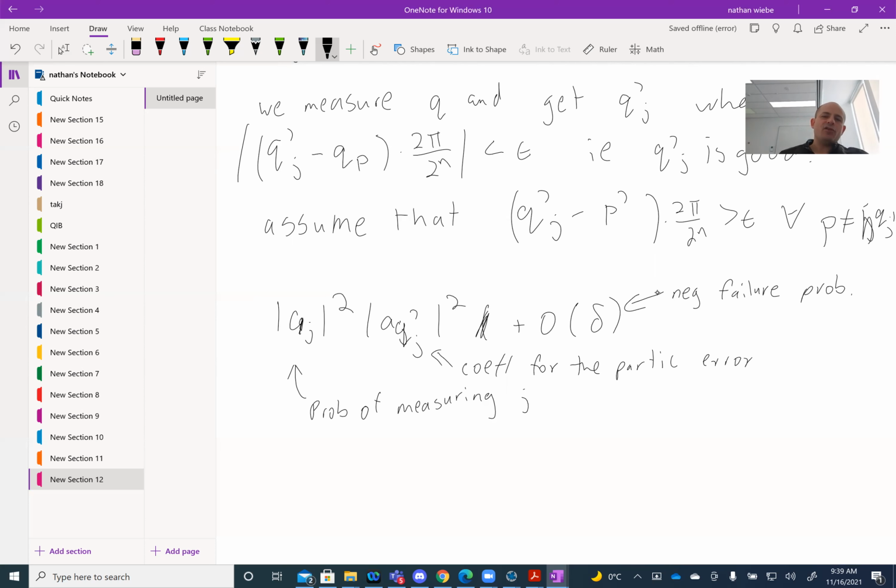So with high probability in this particular case, we project ourselves down into a single vector.